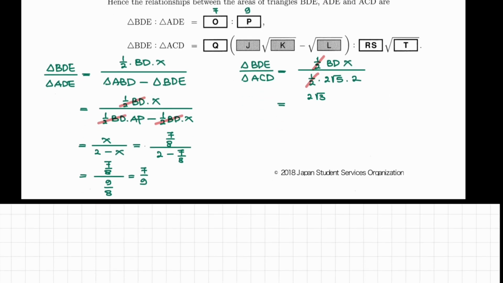So 2 square root of 3 minus square root of 5 times x. We also already know x, which is 7 over 8, over 2 square root of 5 times 2. I got 4 square root of 5.